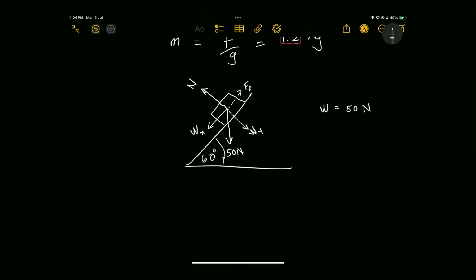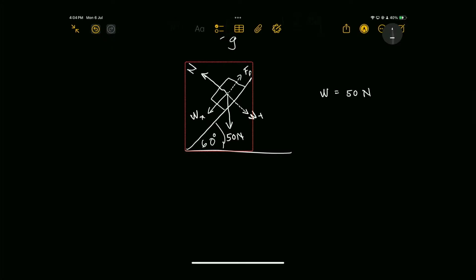So if we have to determine the component of the weight that is perpendicular to the plane, that is WY, we use this triangle here, right? So we draw a triangle like this, where there is a right angle here.